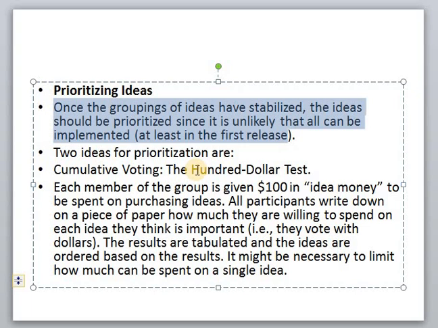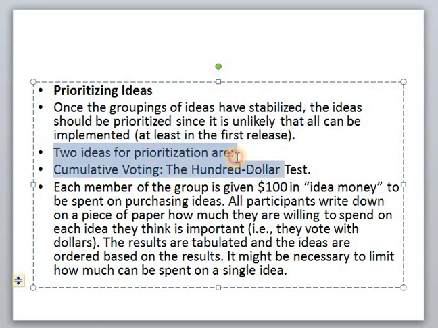For the solution of this problem, we will prioritize the given solutions. So the two ideas for prioritization are: number one, the cumulative voting, or we can say the $100 test.